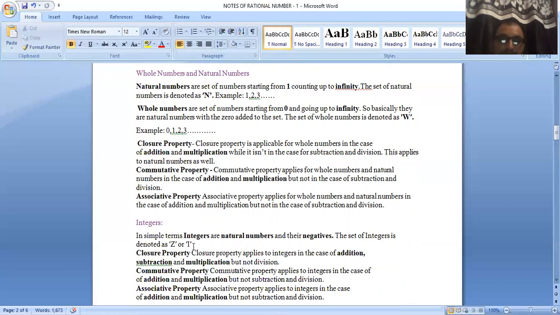In simple words, the set of all negative and positive natural numbers including 0 are known as integers.